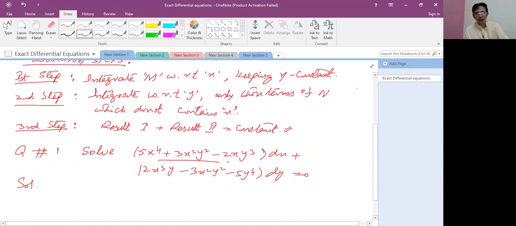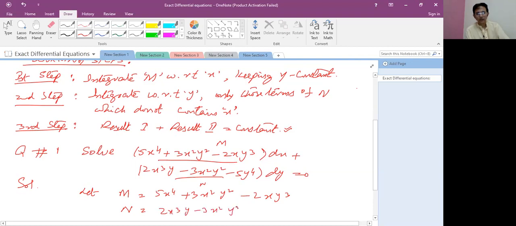This is called M and this is called N. Let M equal 5x^4 + 3x^2y^2 - 2xy^3 and N equal 2x^3y - 3x^2y^2 - 5y^4.